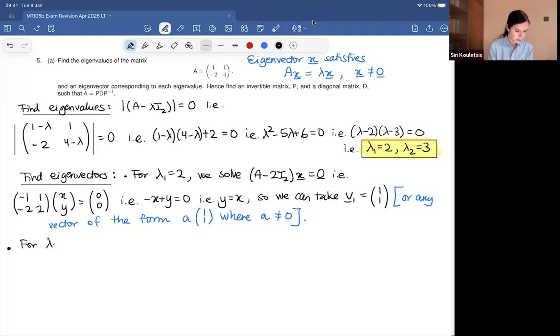So for lambda 2 equals 3, we now do exactly the same thing here. A minus 3 times the identity matrix times the vector x y equals the 0 vector. We write that out in equation form, deducting now 3 on the diagonal of A, keeping the off-diagonal entries the same.